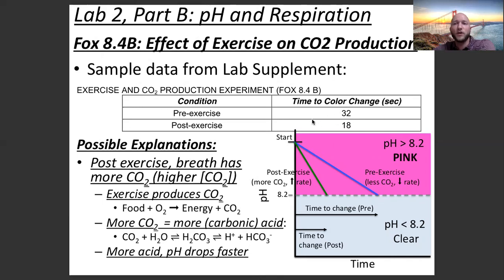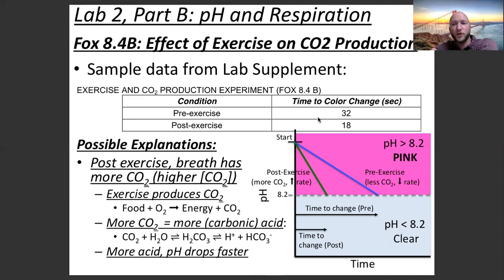You're going to be exhaling more carbon dioxide right after exercising. When you exercise, you use energy. You need to produce more energy. Carbon dioxide is a byproduct of energy production. And so when you exercise, you start using more energy, so you produce more carbon dioxide.